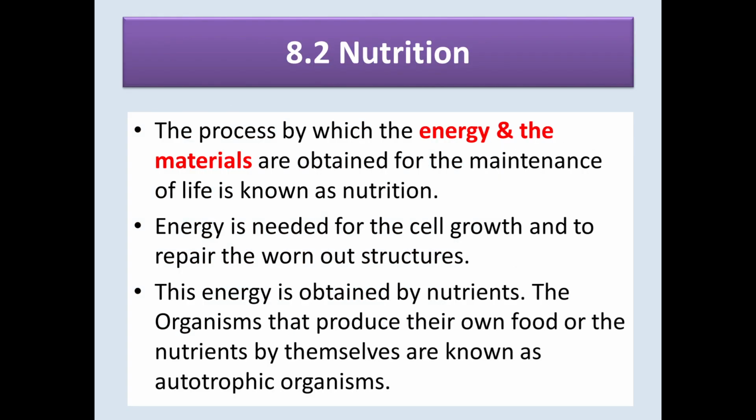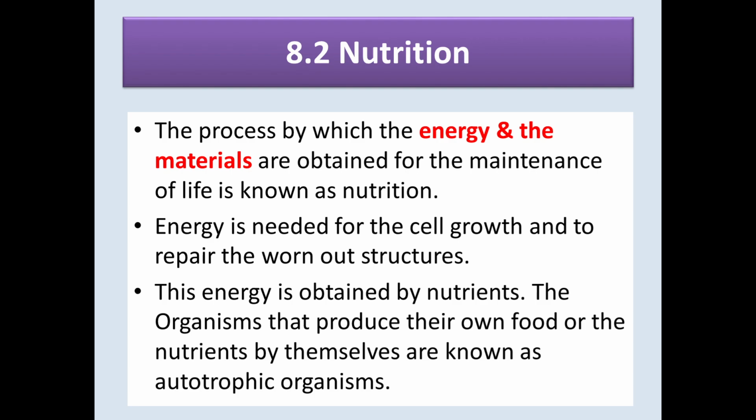What you learn is one of the very important characteristics common to all living organisms, the cellular organization. The second important characteristic of living organisms is nutrition. All organisms need energy for their movements and all the activities for the maintenance of life.